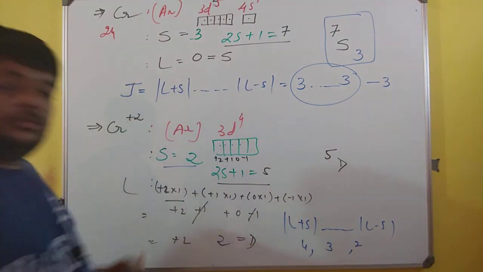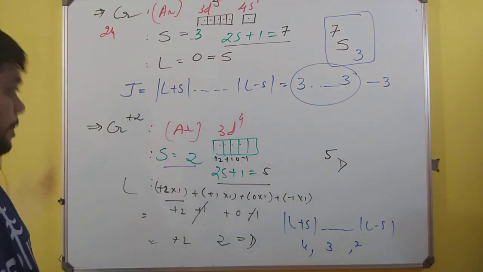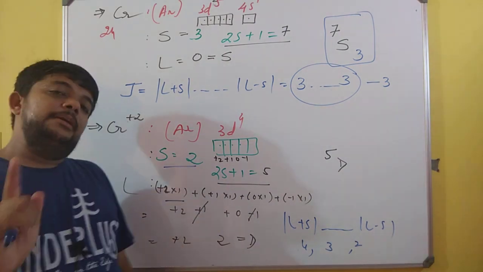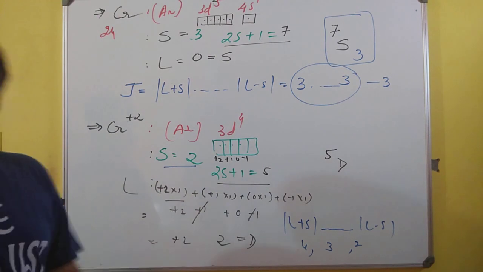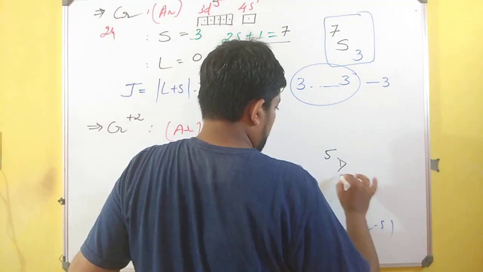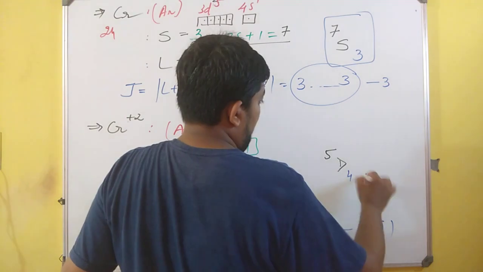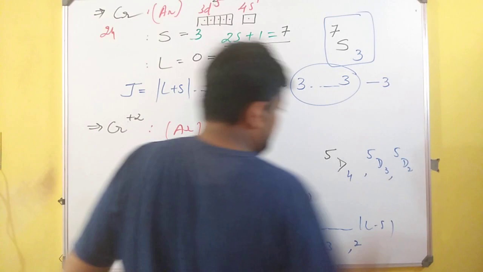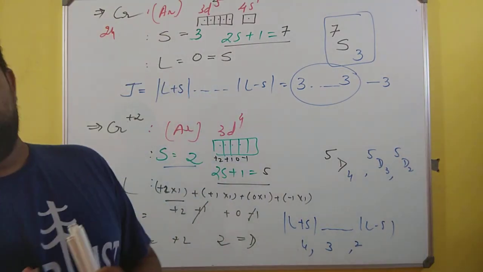So it is 4, 3 and 2, 3 values. And as it is less than half filled, L minus S will help in determining the ground state. But as we are going for all the states, I am going to write over here very clearly 5D4, 5D3 and 5D2. So friends, this is the term symbol.